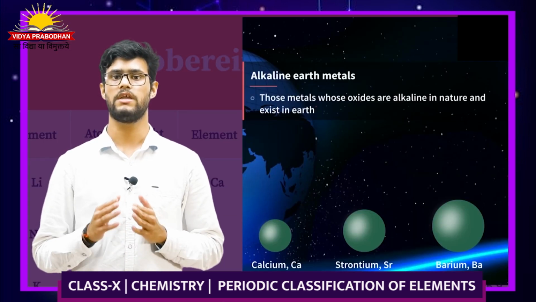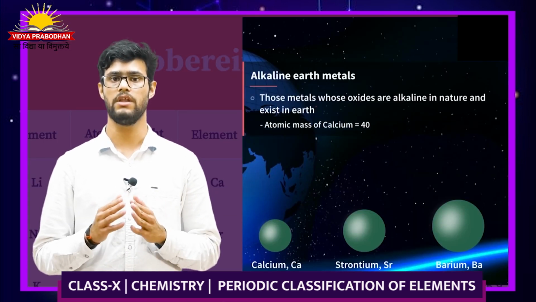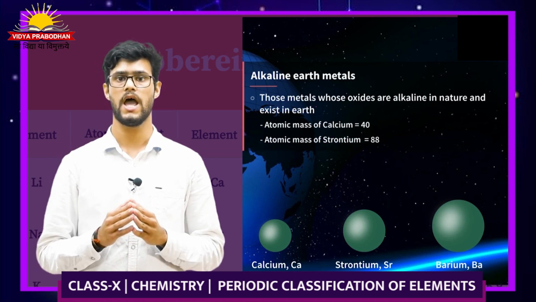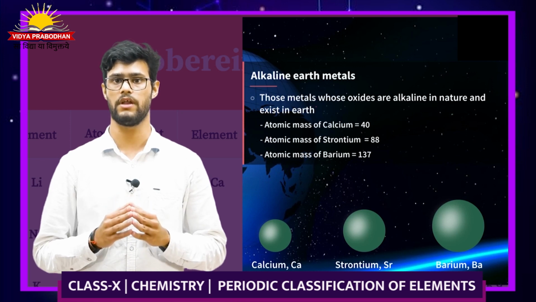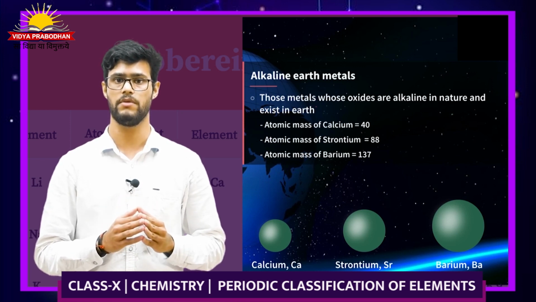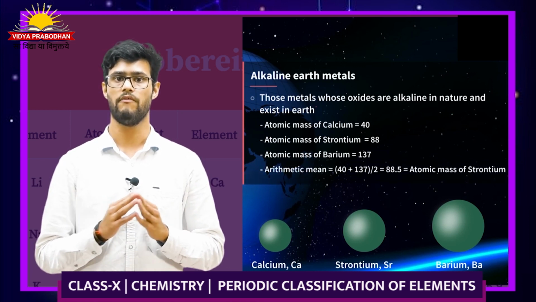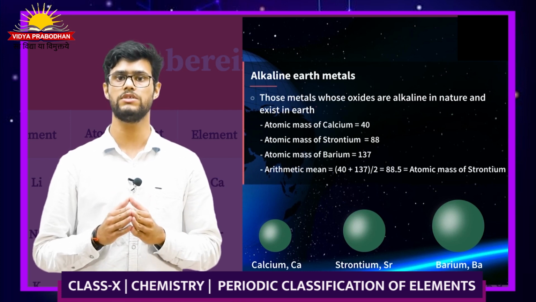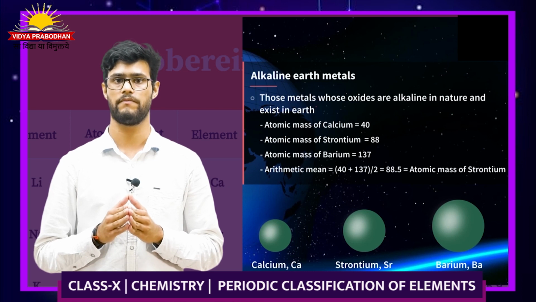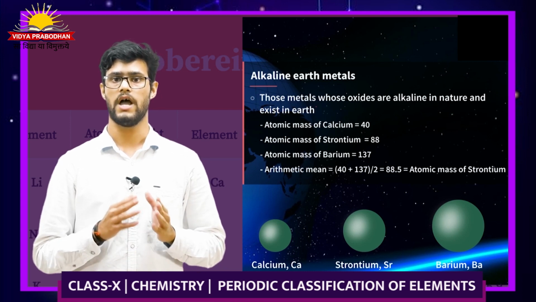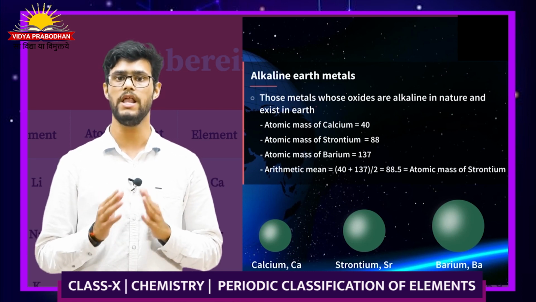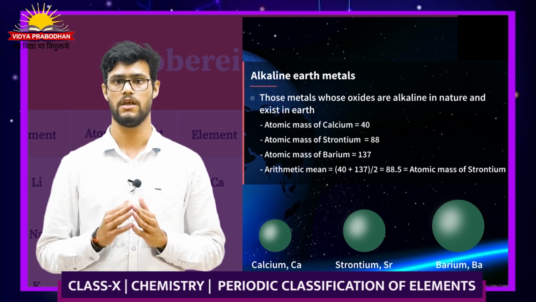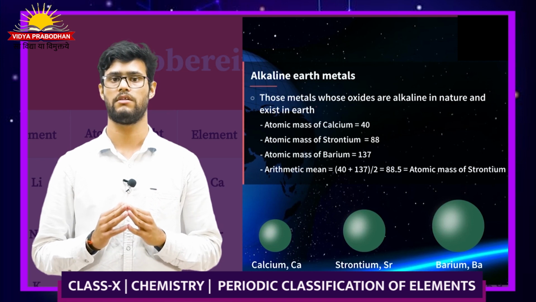Now, if we calculate the arithmetic mean of the atomic masses of the first and third members of this triad, calcium and barium, it will come to be (40 + 137) / 2 = 88.5. And the actual atomic mass of the middle element of this triad, strontium, is 88, as shown in the table.